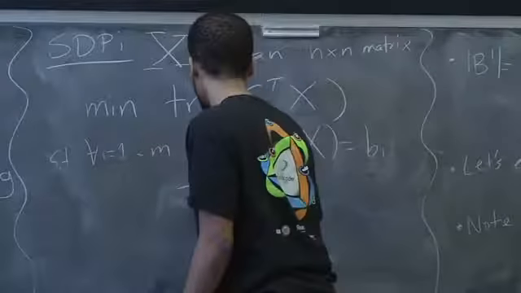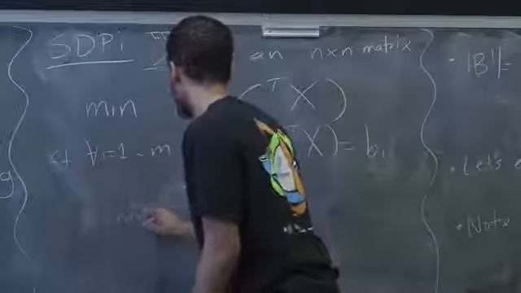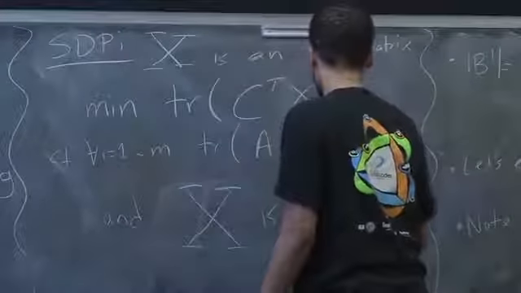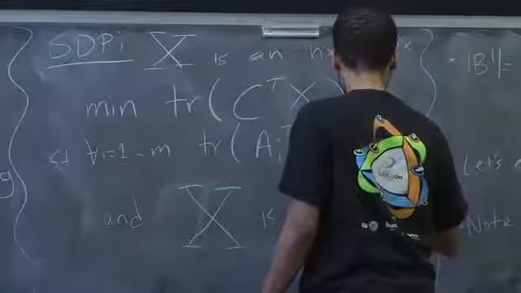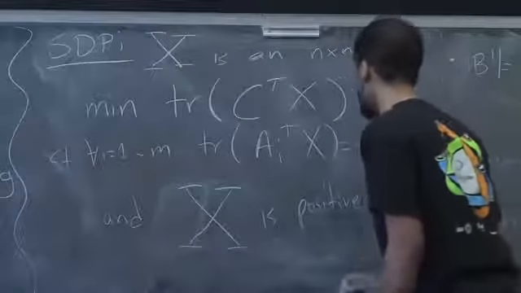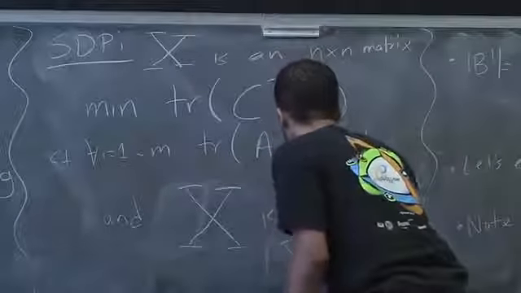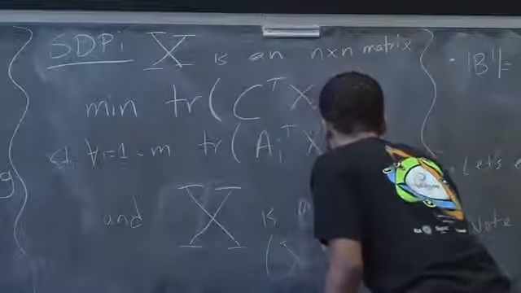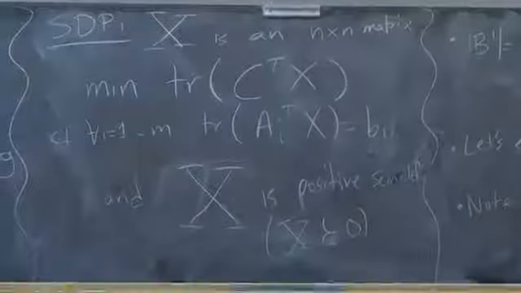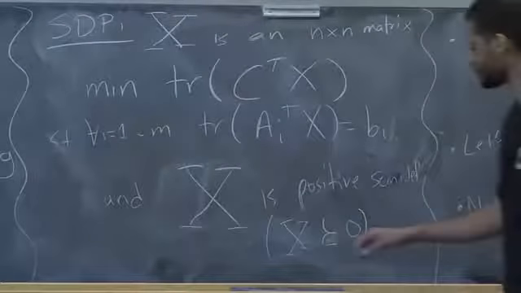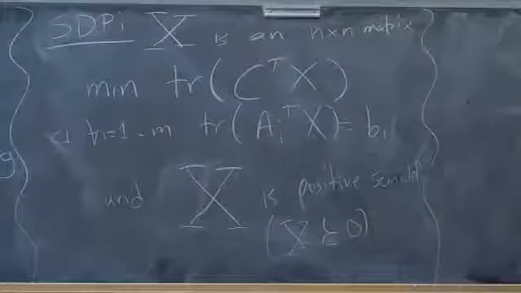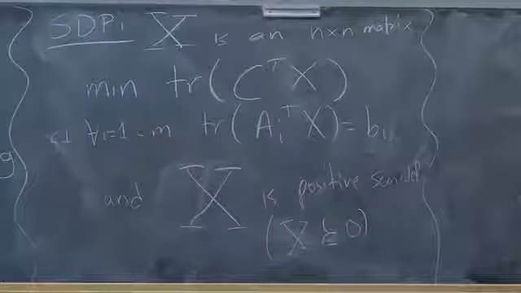I'll say what that means. I'll do a little linear algebra review. X is positive semi-definite, and I'll usually write this as X is at least 0 with a little squiggly greater-than sign.